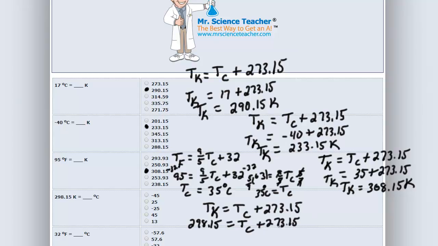We're going to subtract 273.15 from both sides. So 298.15, what we do is we subtract 273.15 from that. Then we get 25. So the temperature in Celsius is 25 degrees Celsius.